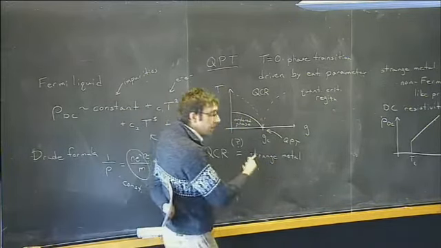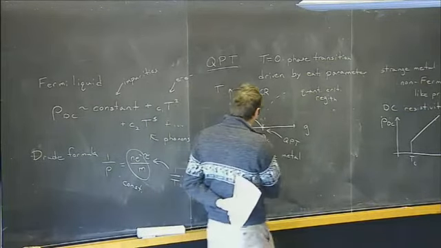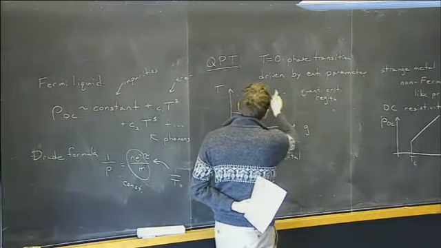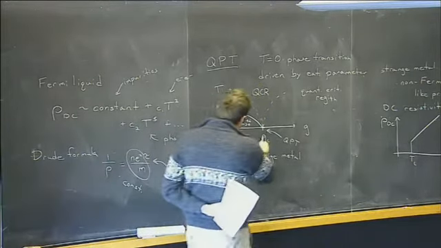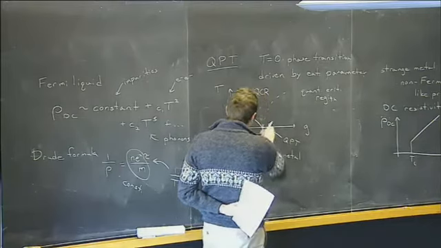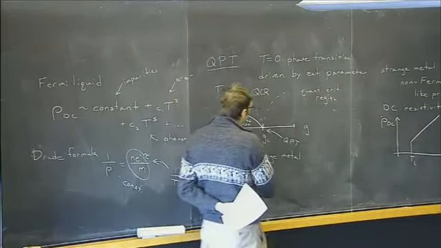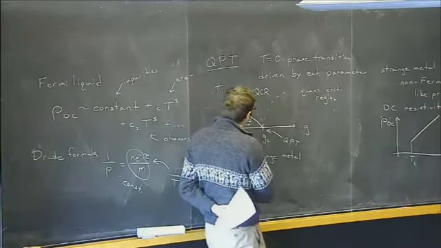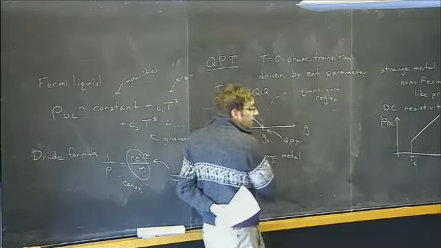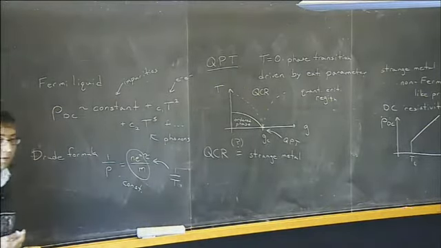So maybe there's some other parameter that I need to tune. Hopefully I don't need to add too much of that parameter, or I'll destroy this argument that I'm close to some quantum critical point. But maybe underneath that superconducting dome is buried some quantum critical point. So if you could understand the field theory that describes that quantum critical point, maybe you could also understand the strange metal region of a high TC superconductor. That's a proposal on the table.